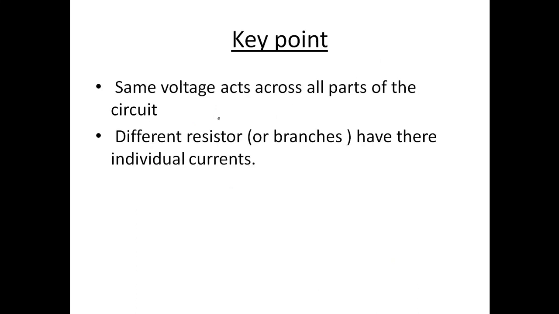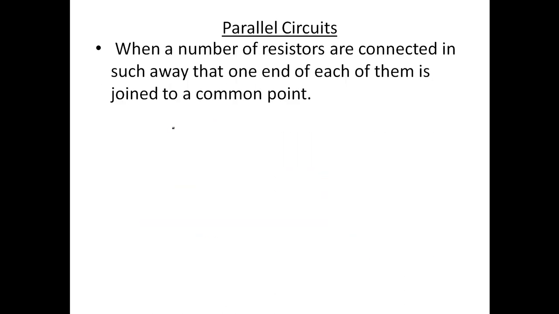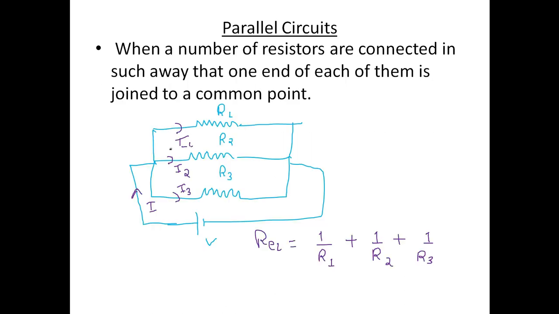From the key points: same voltage across all parts of the circuit, and different resistors have their individual currents. Different currents will flow across the branches. As you have already seen, the current going through this branch is I1, this one I2, I3.